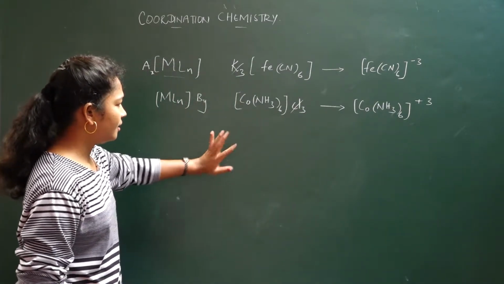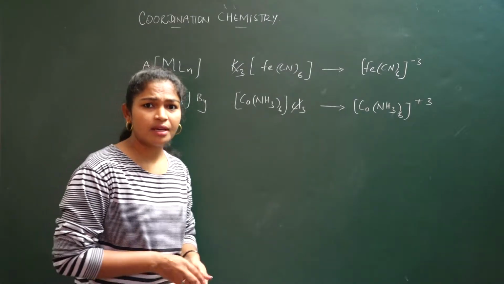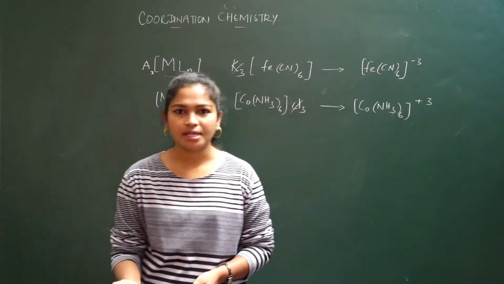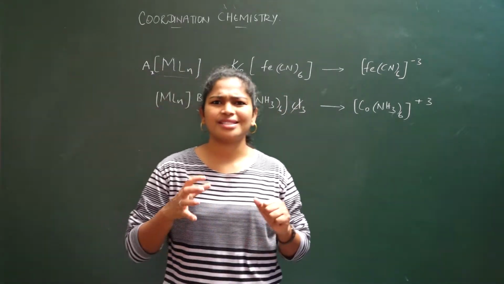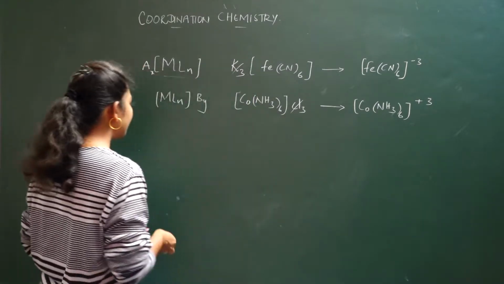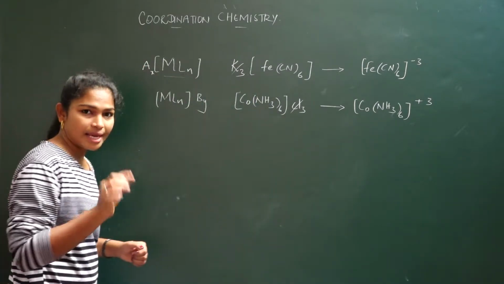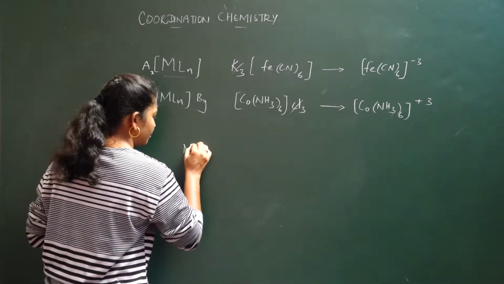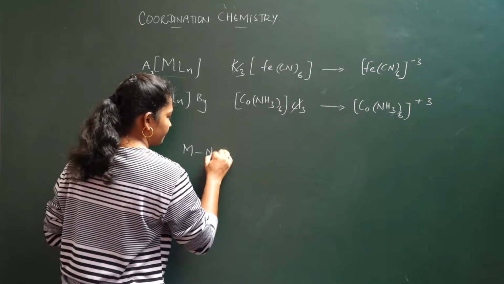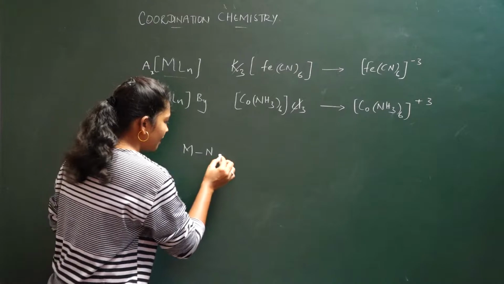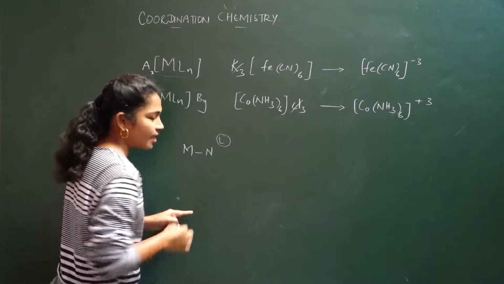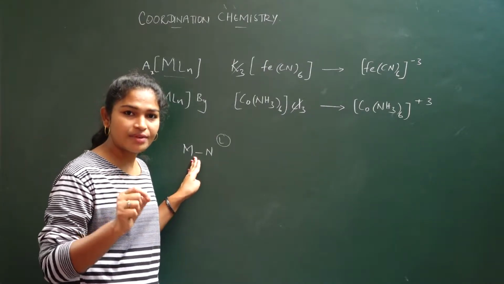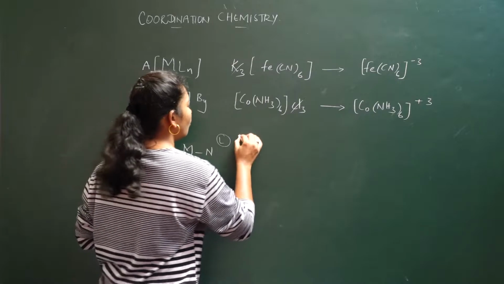Now actually these ligands may be monodentate, bidentate, tridentate, tetradentate, pentadentate and hexadentate. What is this denticity? If the ligand is bound to the metal through only one atom, that means only one atom in the ligand is giving electrons to the metal, then it is monodentate.